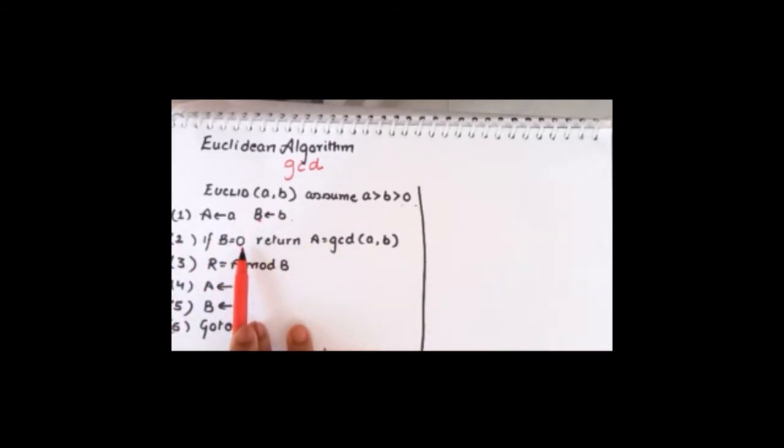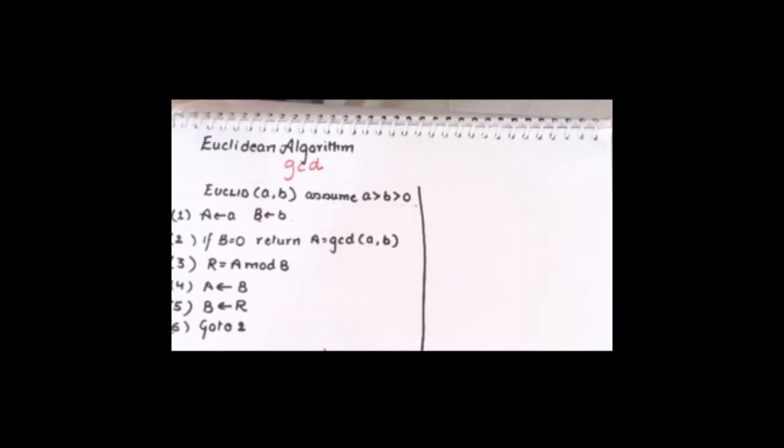If b is equal to 0, I have to return the value, and if not, then I have to do certain steps. That is, r is equal to a mod b, then put b into a, and then put r into b, and go to step 2 again. If b is not 0, again do these steps and go to step 2, again and again until I get the value of b as 0. This is the Euclidean algorithm.